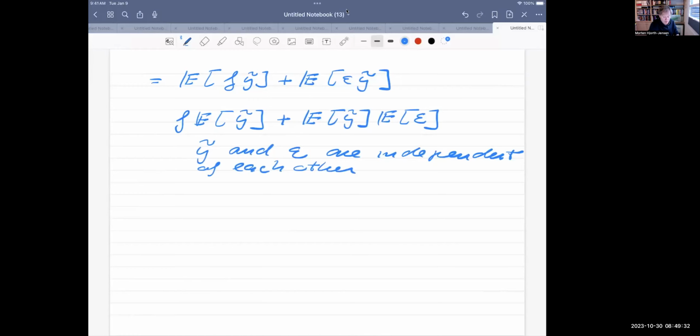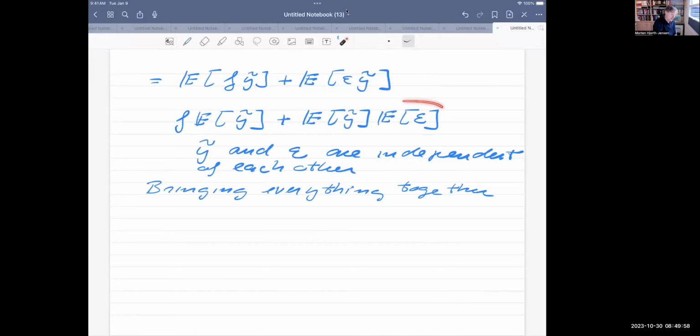So when we now bring everything together, what we have then is the following. If you look at these expressions, I have a term here which has to be multiplied with 2.